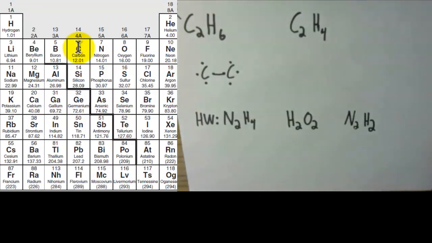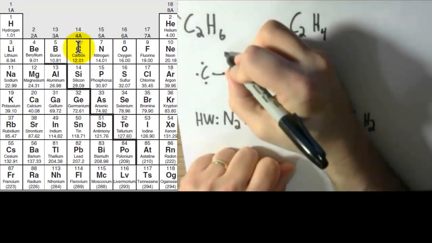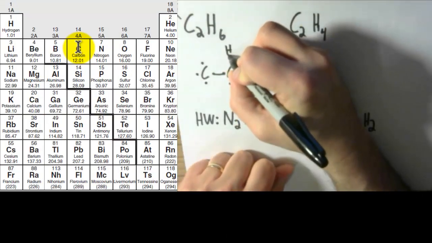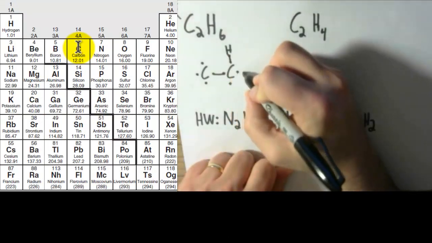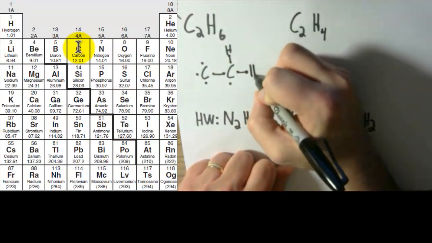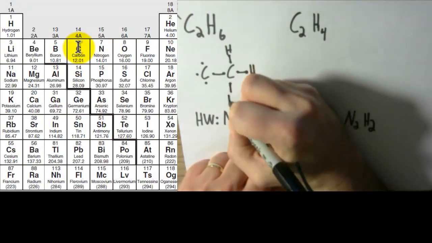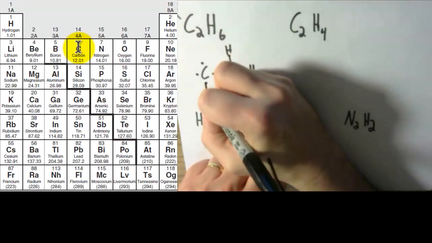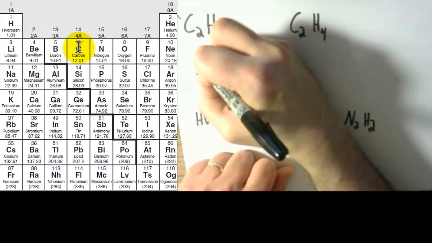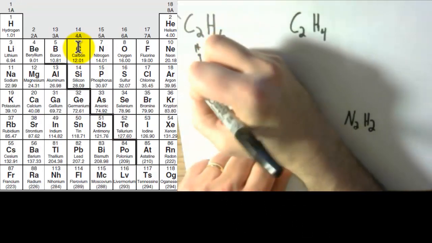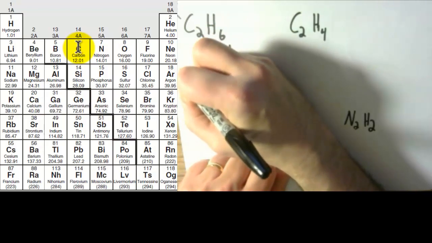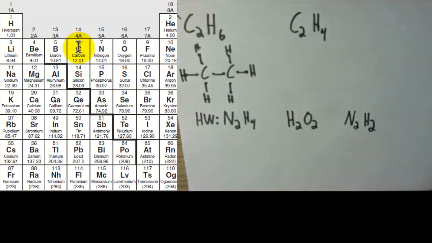So each one of those free electrons is going to bond to a hydrogen. So there's one there, one there, one there, one there, one there, and the last one goes there.